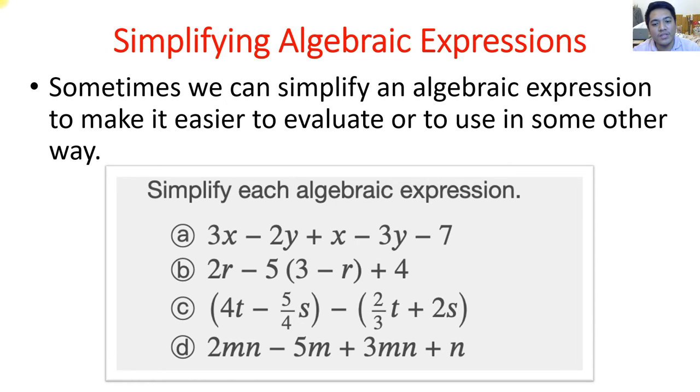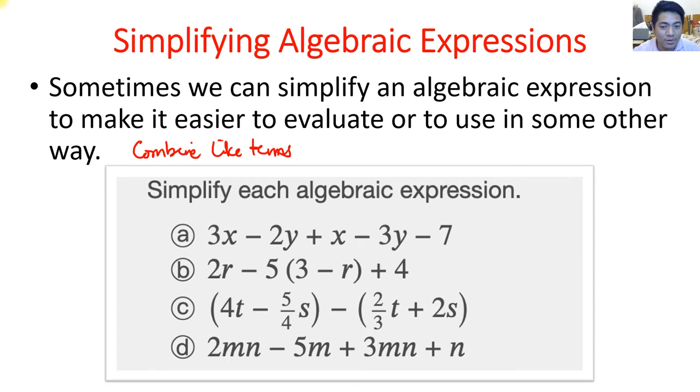The very first thing in simplifying an algebraic expression is to combine like terms, meaning you're going to combine the constants with the constants, and you're going to combine x's with the x's, y's with the y's if there are 2 or 3 variables.